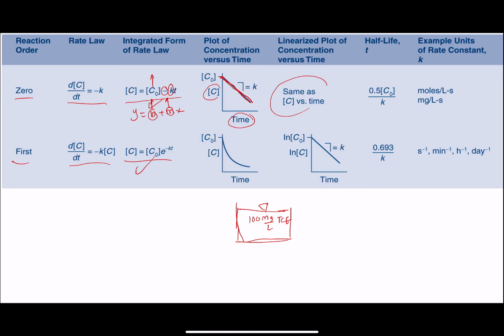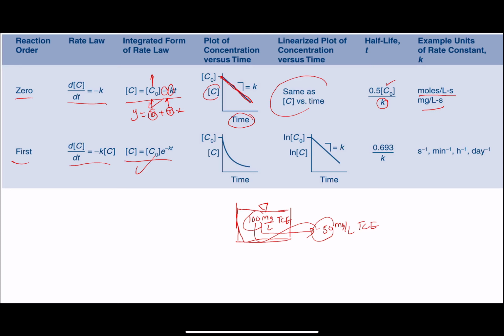If we need to know the time it will take this 100 milligram per liter TCE to go to 50 milligram per liter, we call this half-life. Half-life is when the concentration goes down to 50%. So the half-life is 0.5 times the initial C naught over K, the rate constant. And of course, the unit of K is milligram per liter per second, or mole per liter per second.